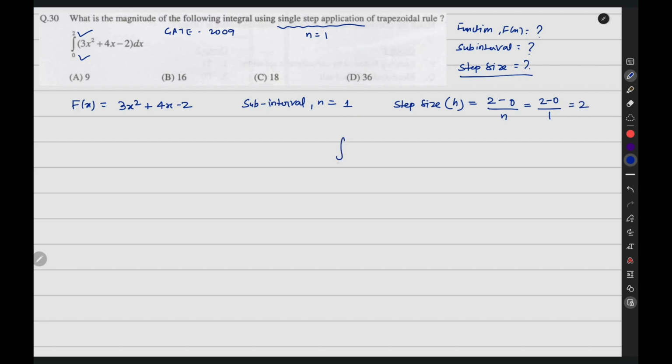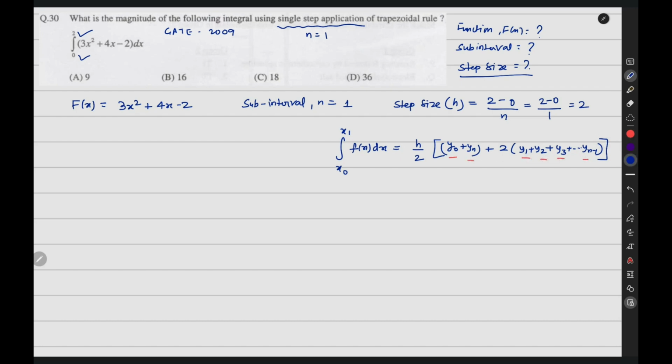Now we will write the formula: integration x0 to x1 f(x) dx equals h by 2 into first term plus last term plus 2 into remaining terms. So according to the formula, now we have to calculate the value of the function at these intervals.